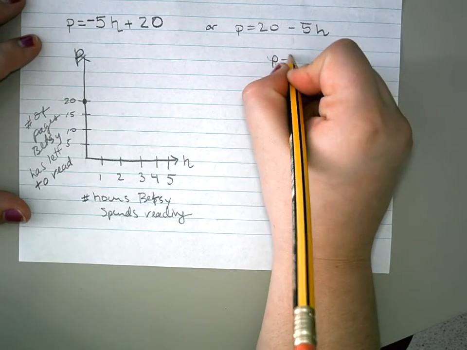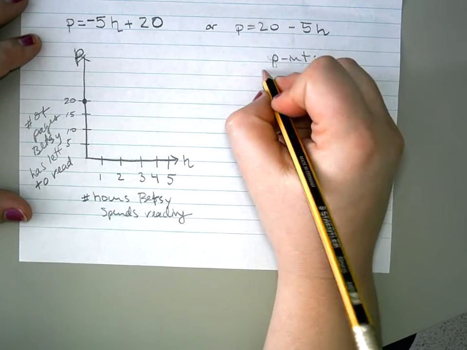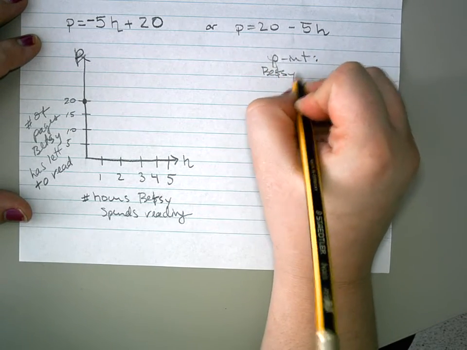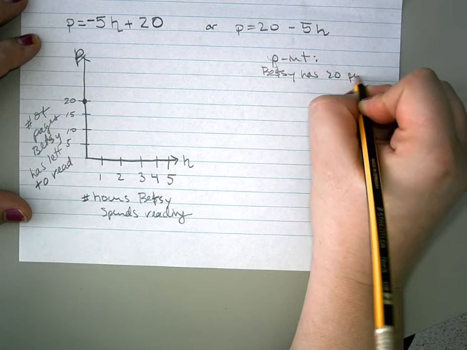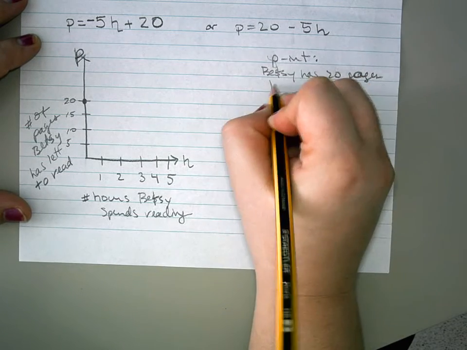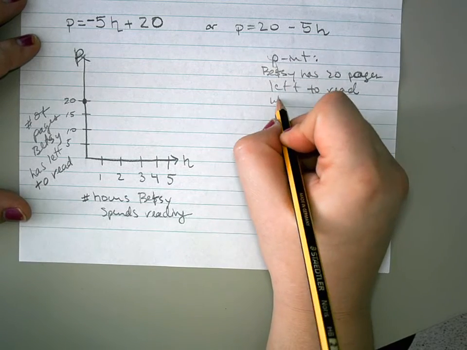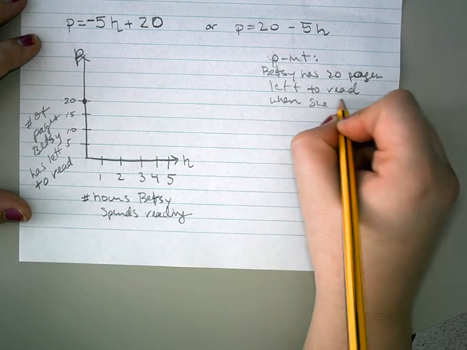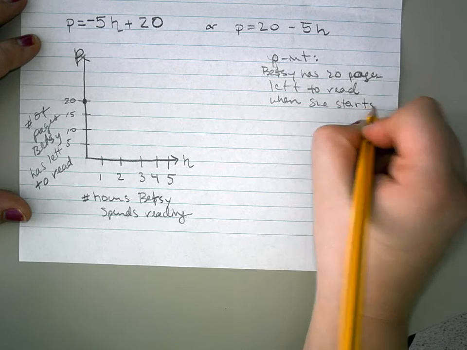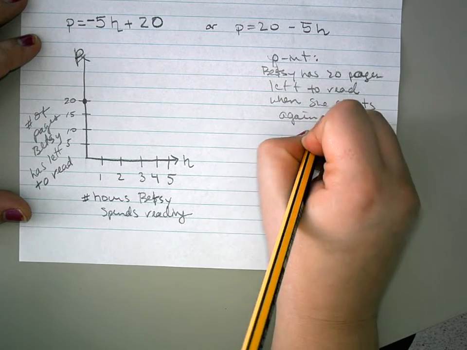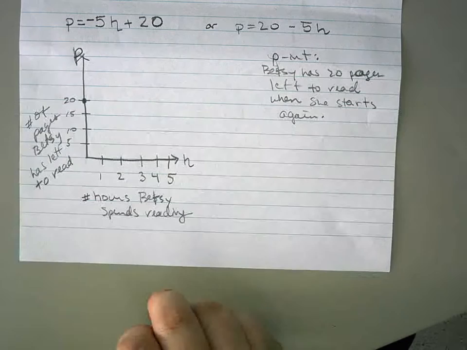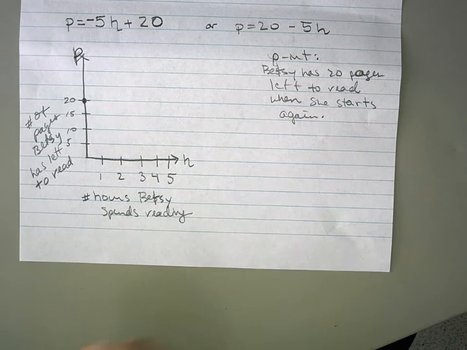It's the p-intercept, means that Betsy has 20 pages left to read when she starts again. You can word that however you want, but the idea is that she's picking up the book and she notices she has 20 pages left.